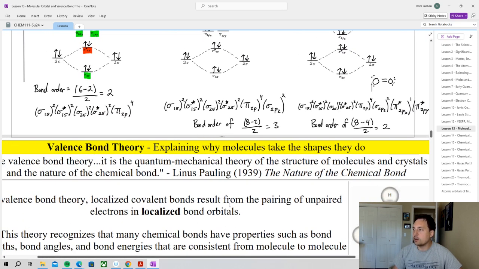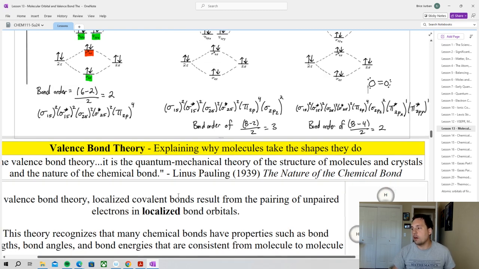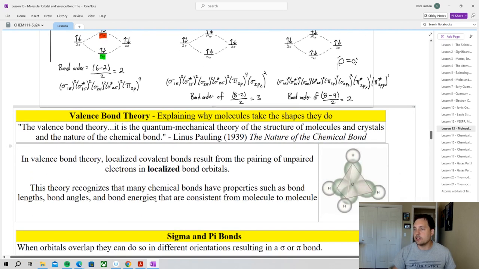All right, so that was explaining why some molecules form. But why do molecules take the shapes that they do? Well, we can't use molecular orbital theory to understand this phenomenon, but we can make use of valence bond theory, which looks at localized covalent bonds as the result of the pairing of unpaired electrons in localized bond orbitals.